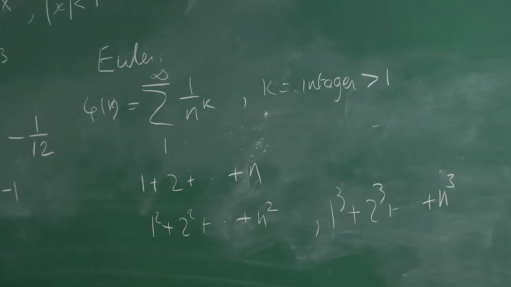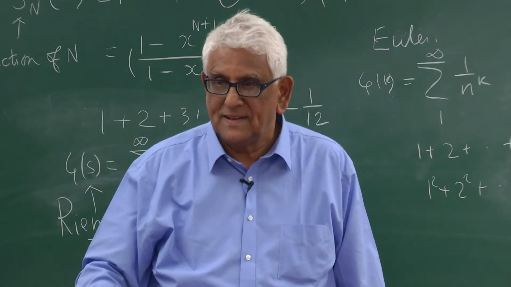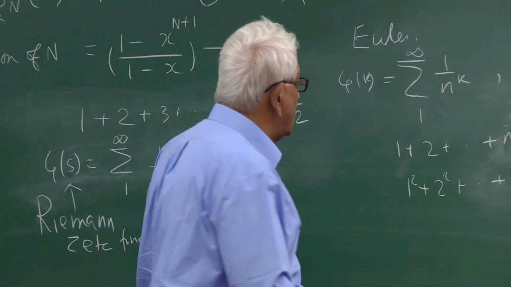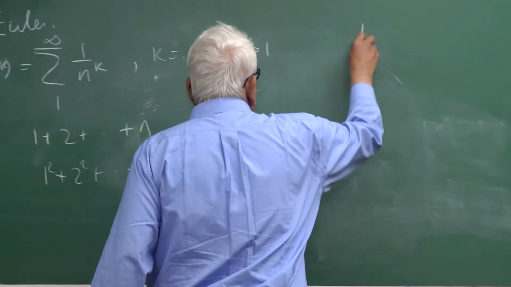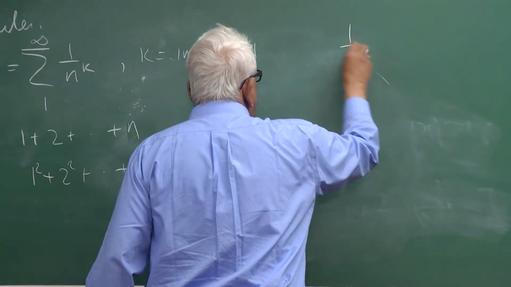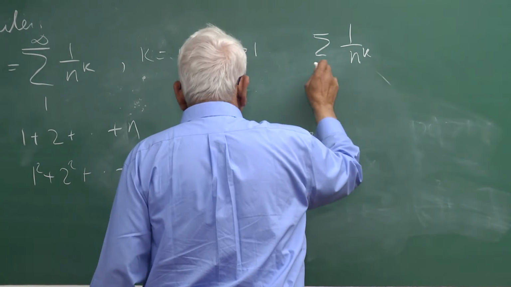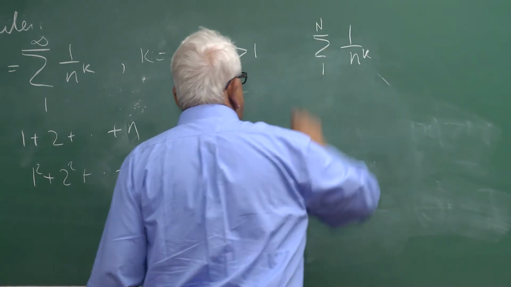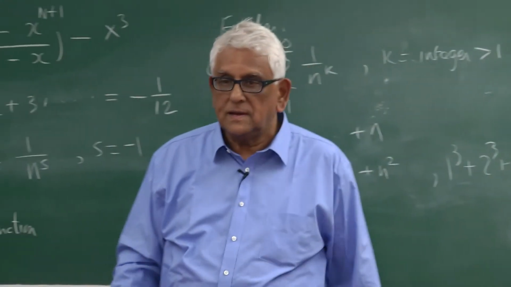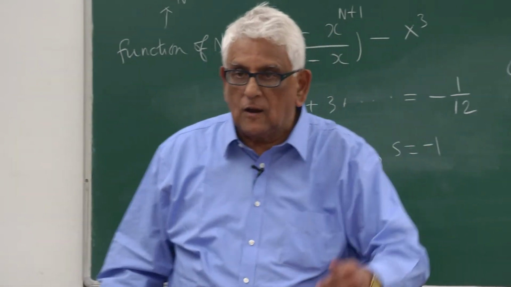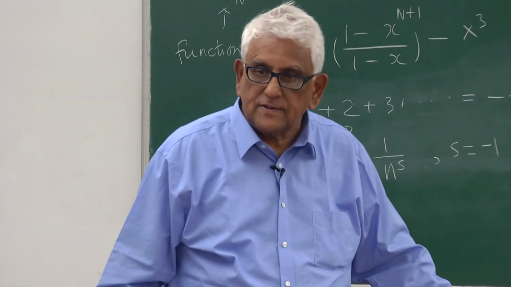So the question then was, what happens when you do the inverse? What happens if I sum 1 upon n to the k, and you sum 1 to capital N? And that would be the analog of the formulas derived.